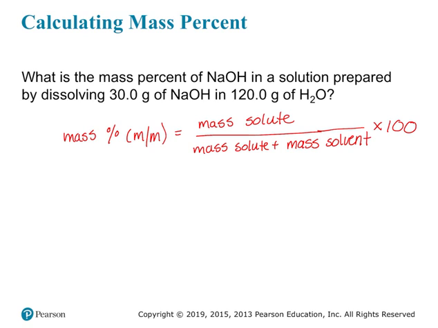Okay, so let's just plug in what we know. Although first, let's figure out what is our solute. Is our solute sodium hydroxide or water? It's sodium hydroxide because it's present in a smaller amount. So we're going to put that in the numerator.